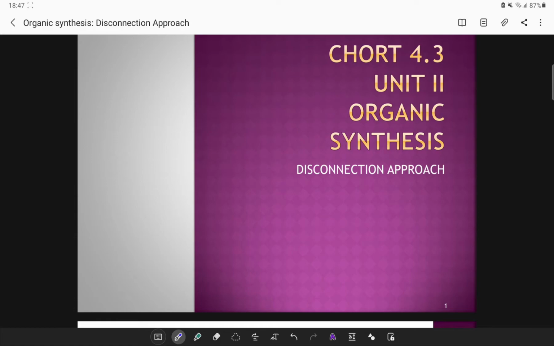In this system, we try to design a target molecule by breaking it down. Disconnection approach is a very handy approach to understand various types of unknown compounds, through which the synthesis can be designed.